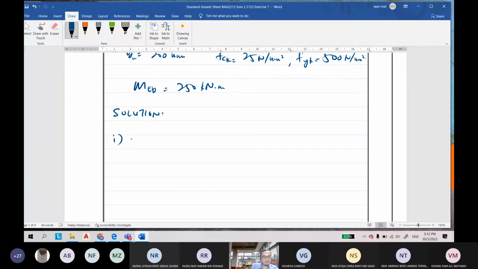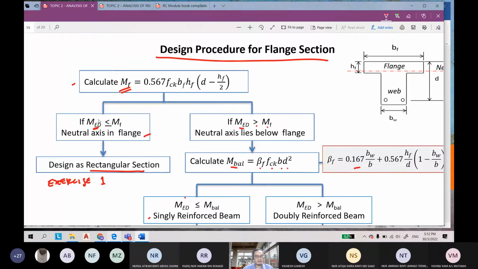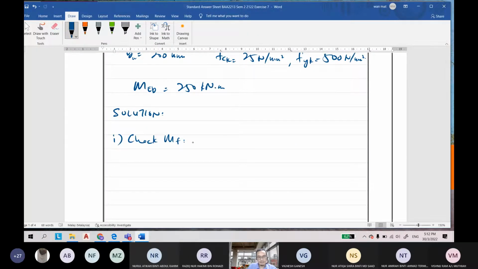The solution: first we check the MF using these equations. MF is equal to 0.567 times FCK times B times HF times D minus 0.5 HF.